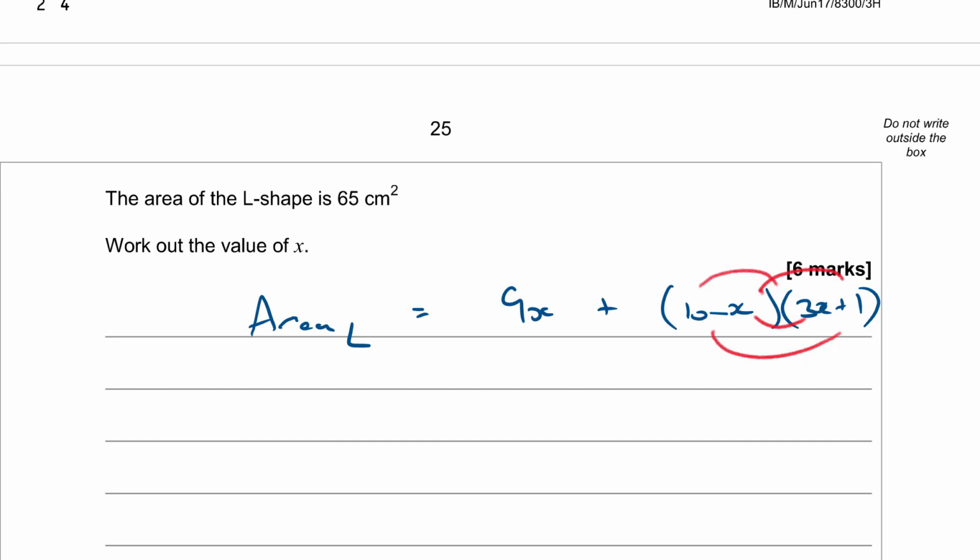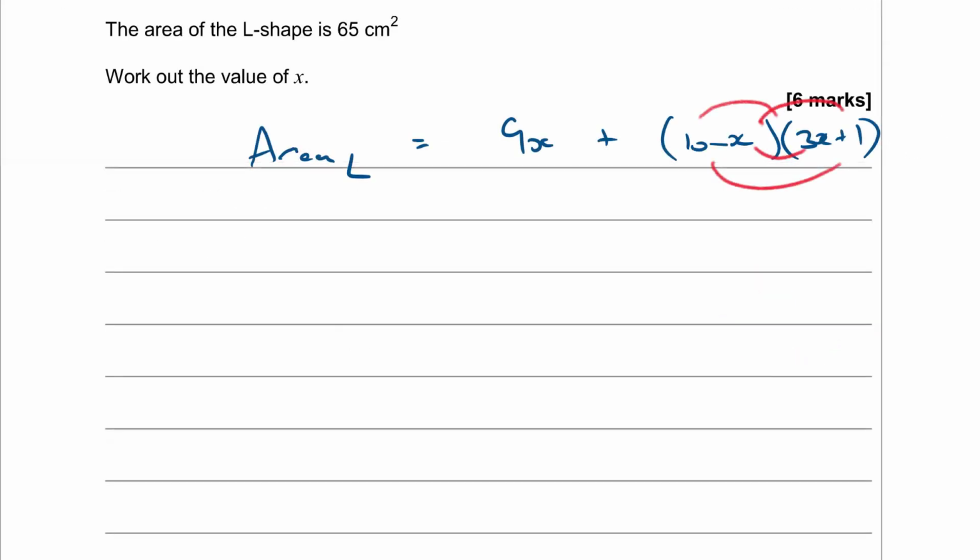Okay, so let's multiply out the quadratic first. My 65 is going to be equal to 9x, which was already there. Then I've got 10 times 3x, which is plus 30x. I've got 10 times 1, which is plus 10. I have minus x times 3x, which is minus 3x squared.